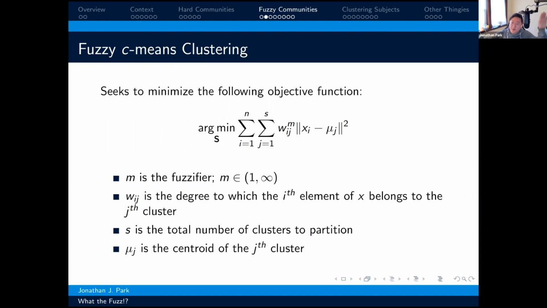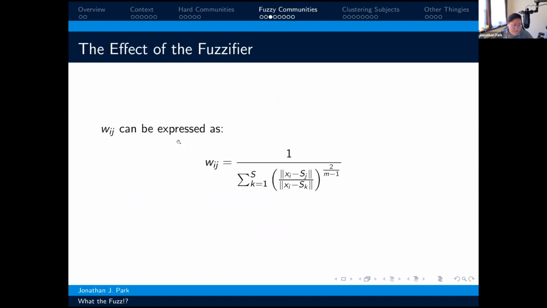So how many groups we have by how many people. And we can calculate every cell of the partition matrix using this equation. And basically, it's just saying how much does one subject belong in cluster j relative to how much it belongs in every other cluster. And then we can see here that the fuzzifier exponentiates the denominator.